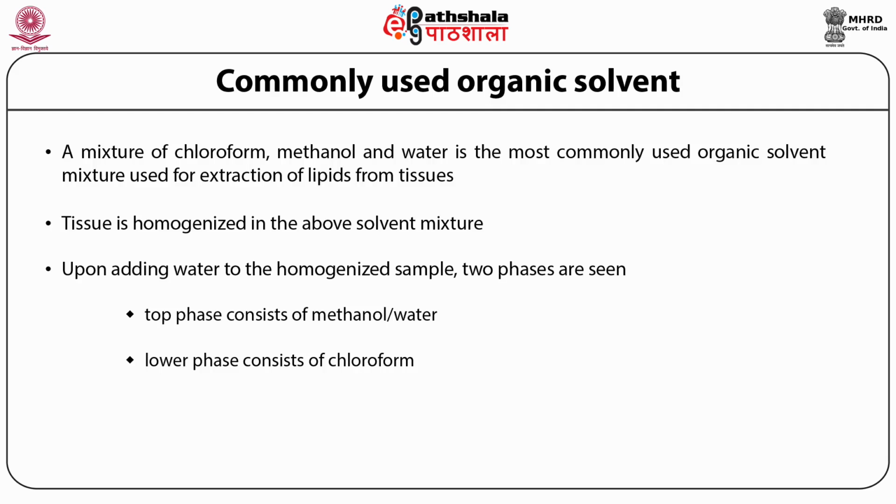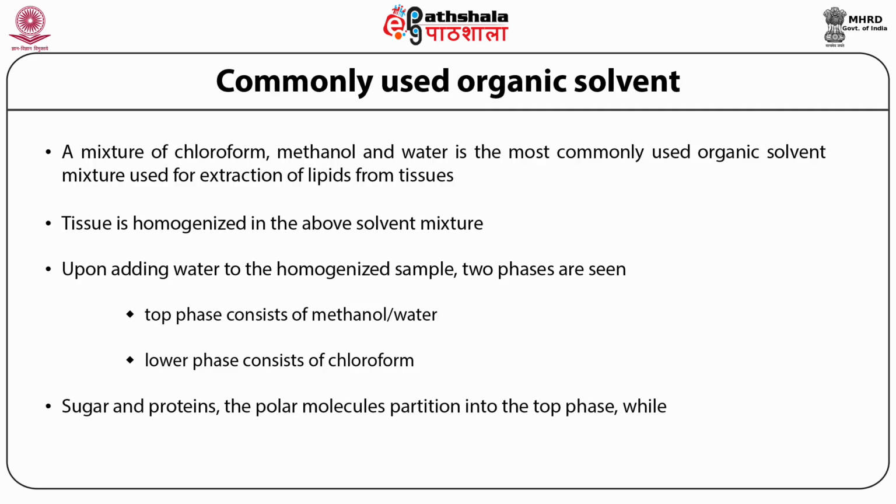Since the top phase is more polar in nature, polar molecules like sugar and proteins would partition into the top phase, while the lower phase is non-polar in nature because it has the organic solvent chloroform. Lipids will partition into the lower phase. So this is how you ensure the extraction of lipid from tissues.